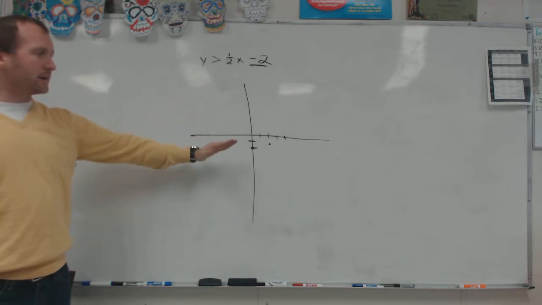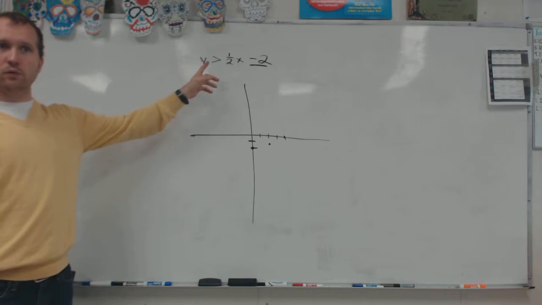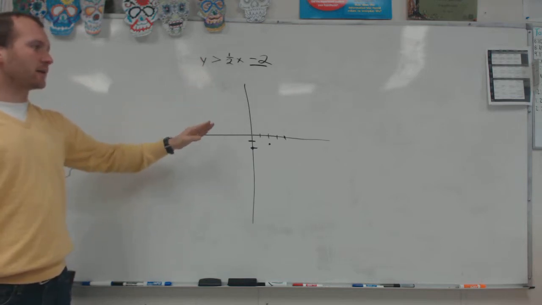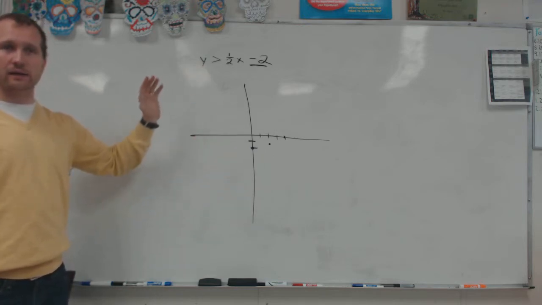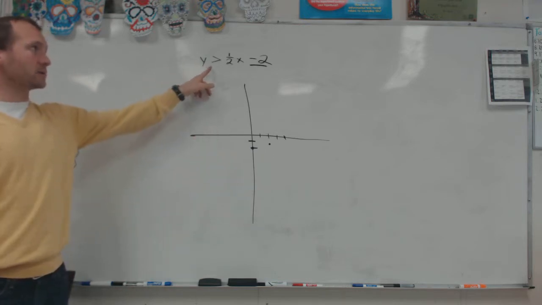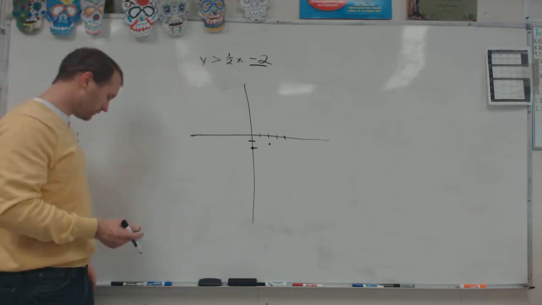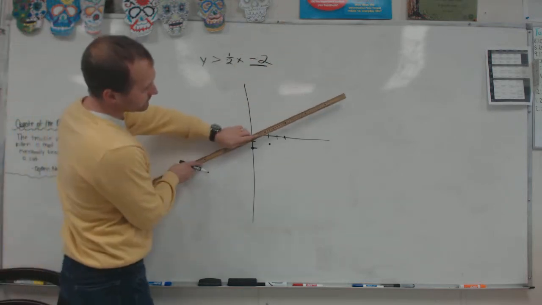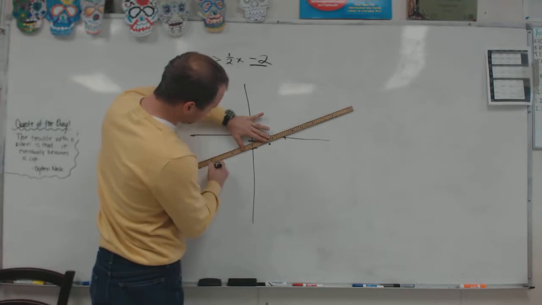So the line is not actually equal to what we have here. It's kind of a way of thinking about it, right? What we have here is saying the y is greater than this line. It's not equal to. And to represent that, we're going to do a dotted line. So not a solid line. What is this kind of similar to?